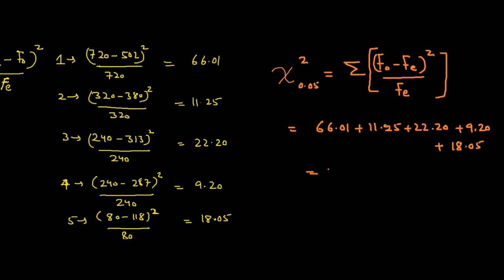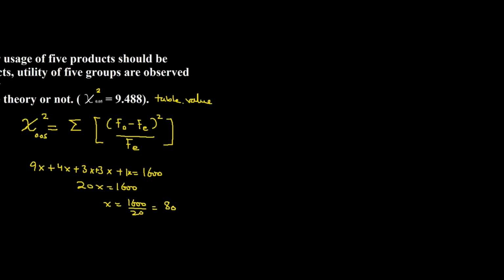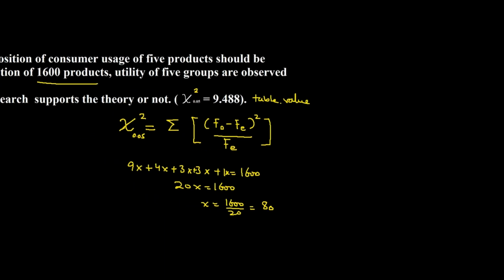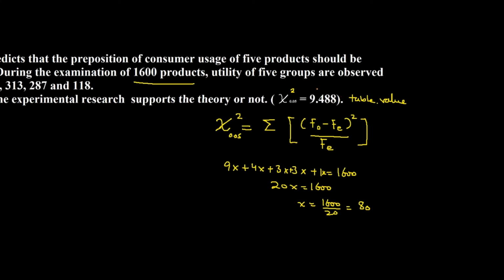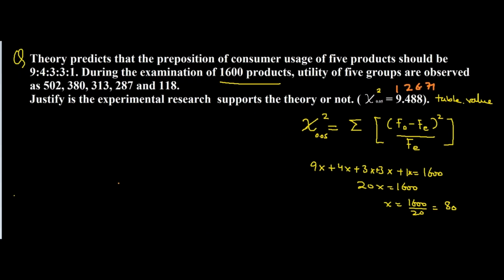When this all being added, it's coming 126.71. And this is our chi-square. Okay, so now 126.71 we will try to match with our this value which is given, and we need to check which is what.